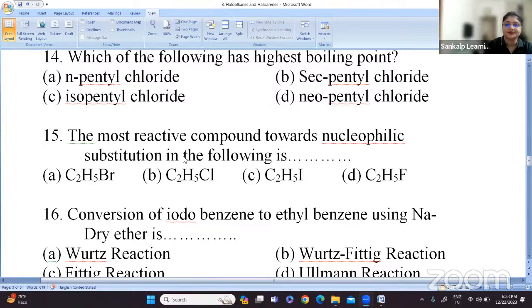What is the answer? Okay, most of you have answered it as B.